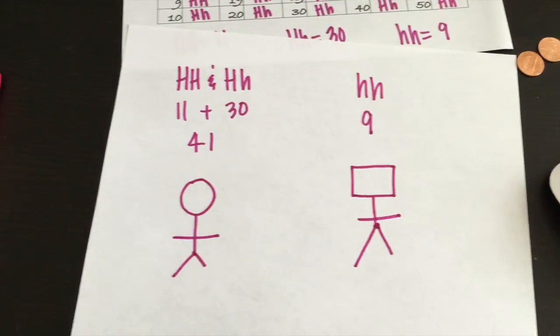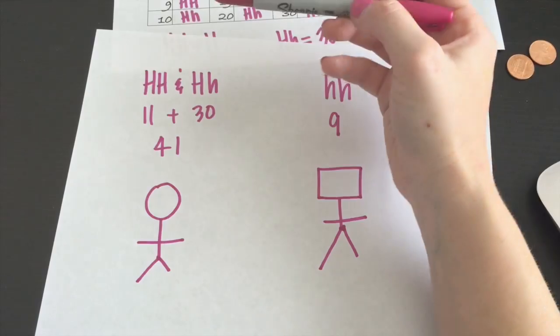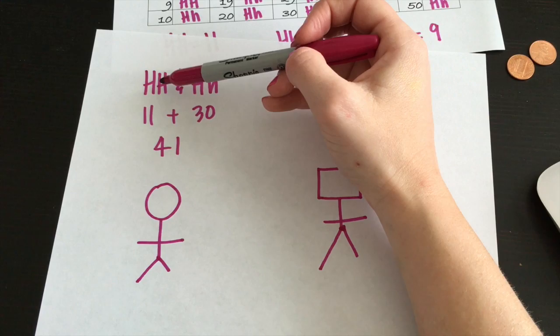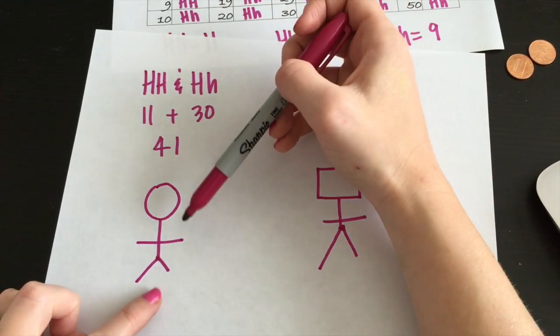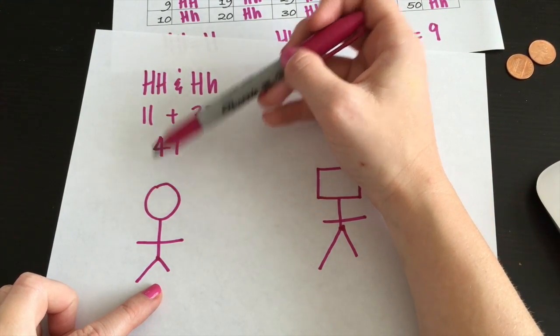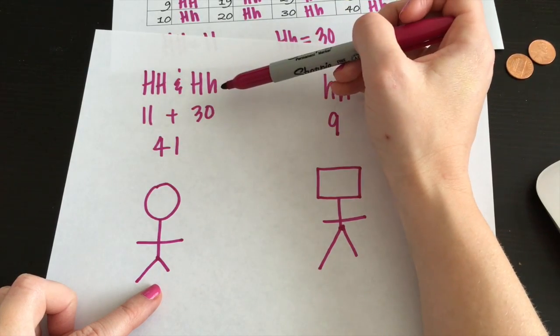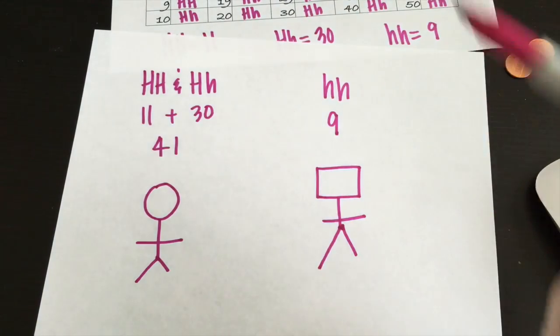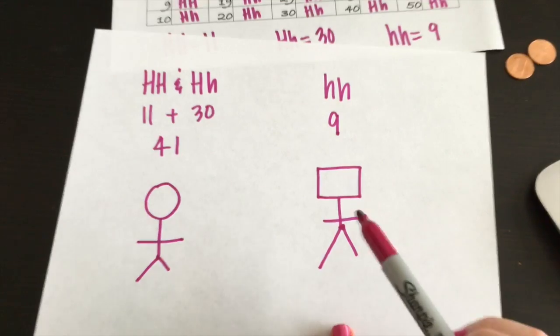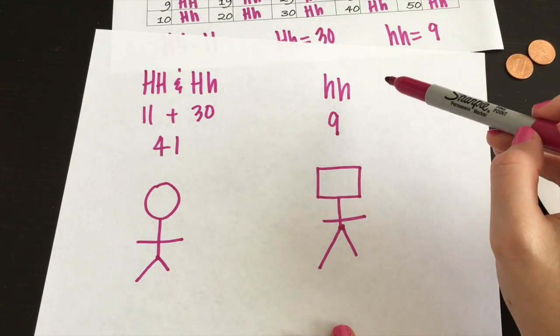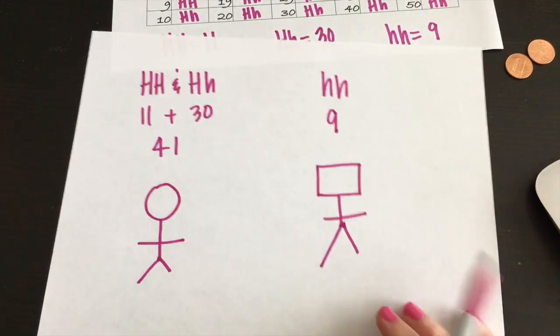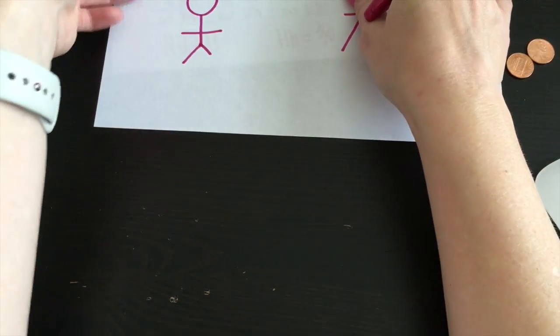This is how we start Hardy-Weinberg. Most of Hardy-Weinberg, we don't know if it's homozygous dominant or heterozygous. So when we see this person, we don't know if they're homozygous dominant or heterozygous, right? But when we see this person, we know that they are homozygous recessive, okay? So keep that in mind. We're going to put this to the side for a second.